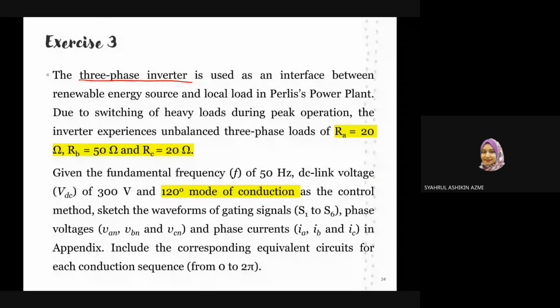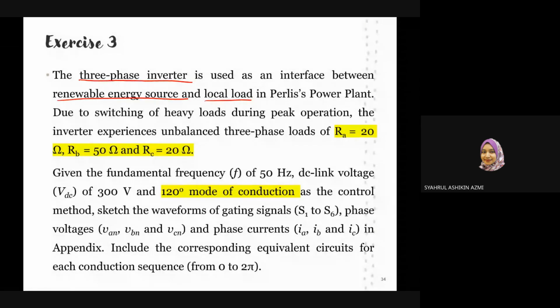Okay, so this three-phase inverter will be the interface between a renewable energy source. You can have maybe a PV panel, a wind turbine, or any type of renewable energy source. And our local load, you can have maybe a resistive load or inductive load or any other type of load.